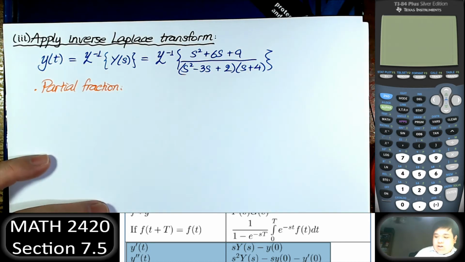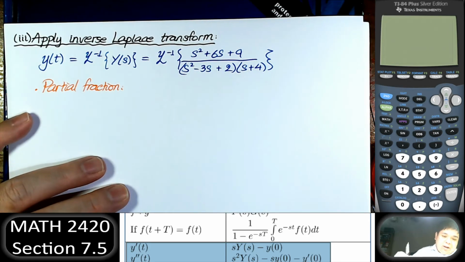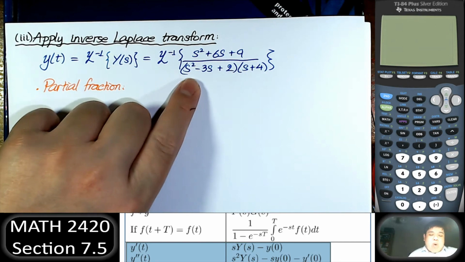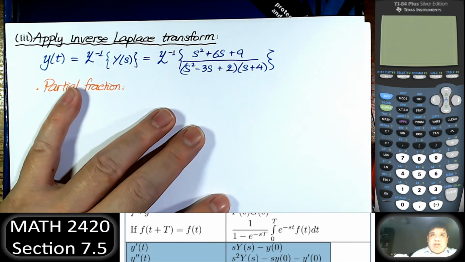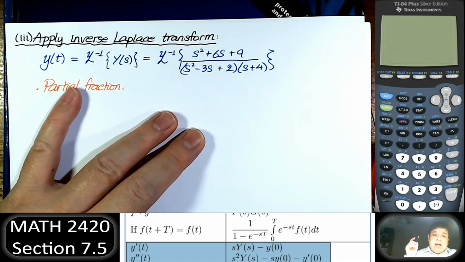So, partial fraction. By the way, if we factor s squared minus 3s plus 2, that should be s minus 1 and s minus 2.